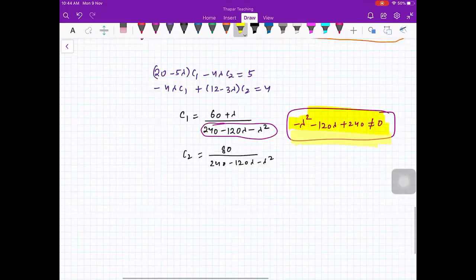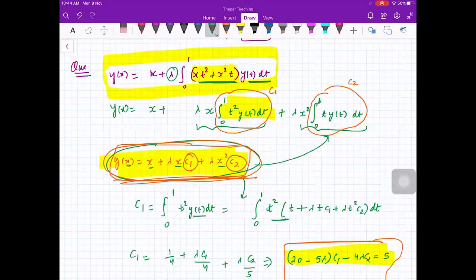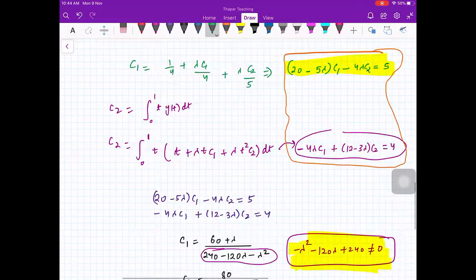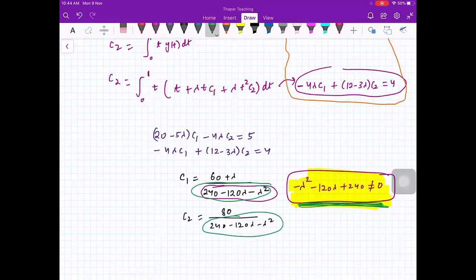Eigenvalues are those values of lambda for which you will get a non-zero solution of this equation. Right? Now, for a solution to exist, you obviously want the denominator to be non-zero. So this is the condition for eigenvalues of this equation. Right? Now, this is the value of C1 and this is the value of C2. You put it here. Okay? Put it in star.